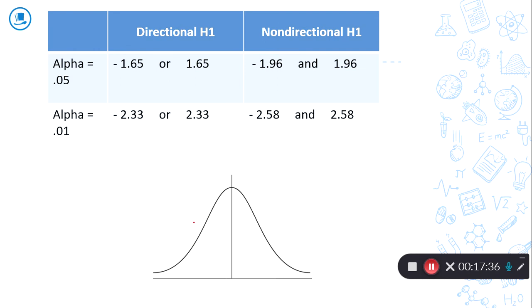Right, so I'm going to go over the non-directional ones just one more time. Non-directional, so if alpha is 0.05, that means 0.025 in the upper tail as well as 0.025 in the lower tail. And here's where you can look it up.